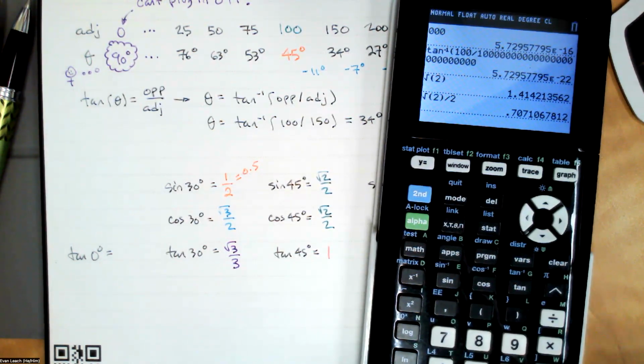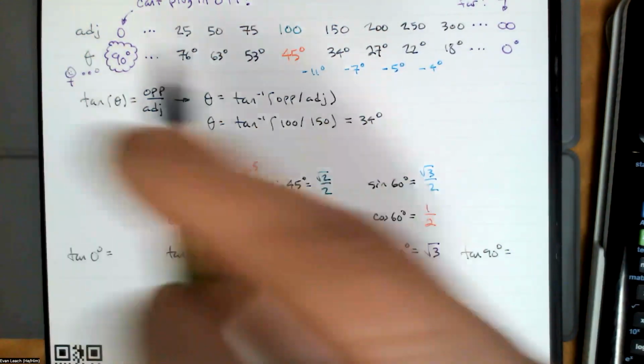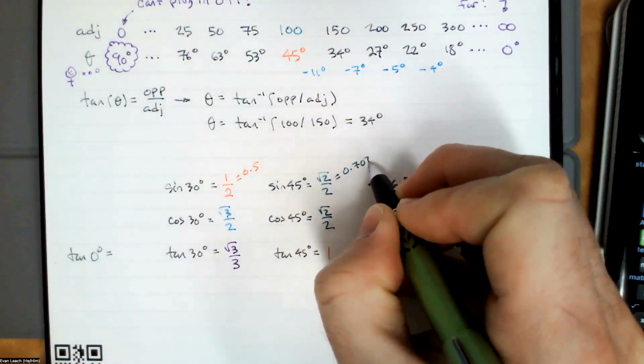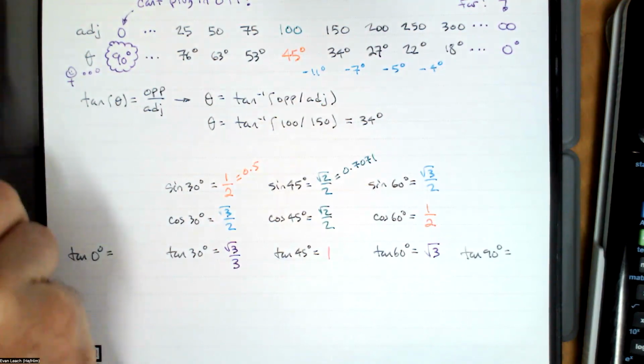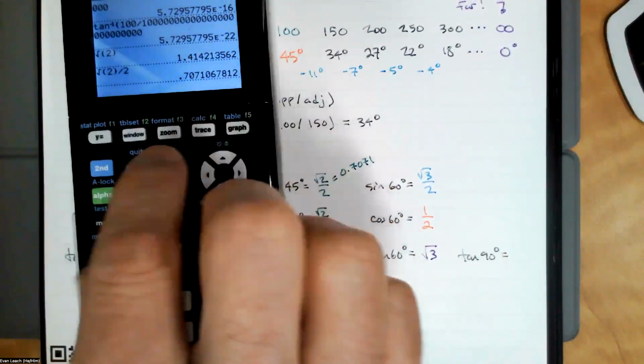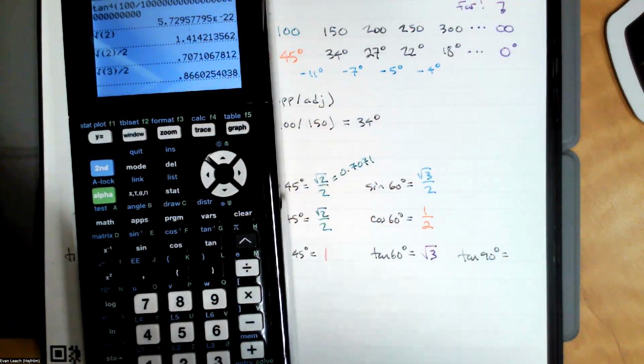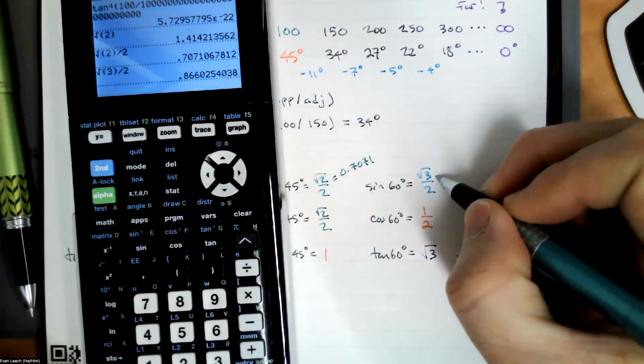So the square root of 2 over 2 is 0.7071. That way it'll be easy for us to check on our calculator our memory of these values. We should check root 3 over 2. 0.8660, we'll call it.